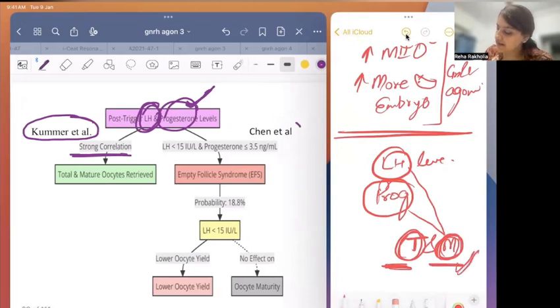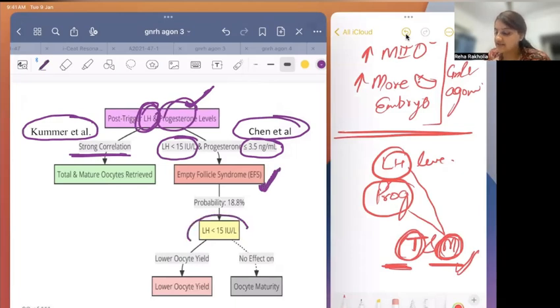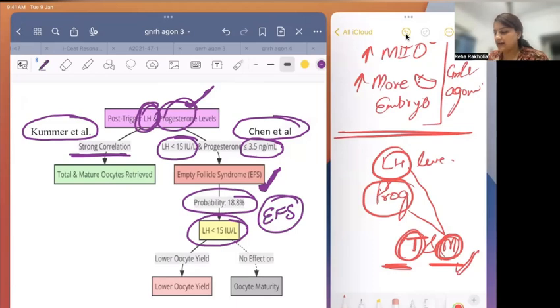Now we saw in Chen et al. that if LH is less than 15 and progesterone is less than 3.5, there is a chance of having empty follicle syndrome. If LH is less than 15 international units per liter, then the probability of having EFS is 18.8%.